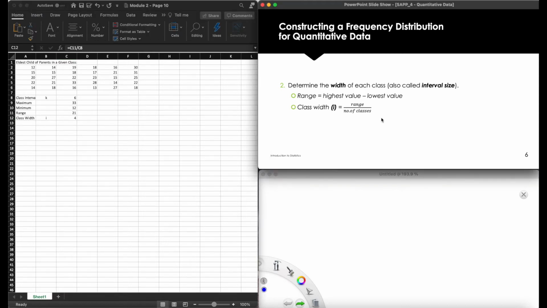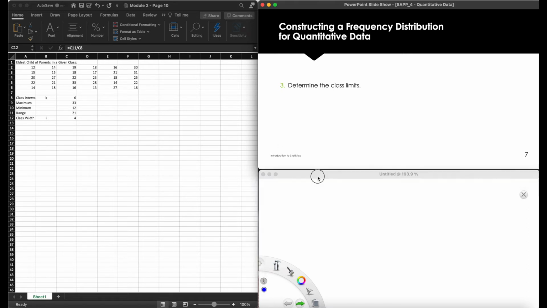Number 3, third step. What we're going to do is to determine the class limits. By the way, I forgot, we need to write here the formula for our range, so that we won't forget. Maybe we'll use it in the future.